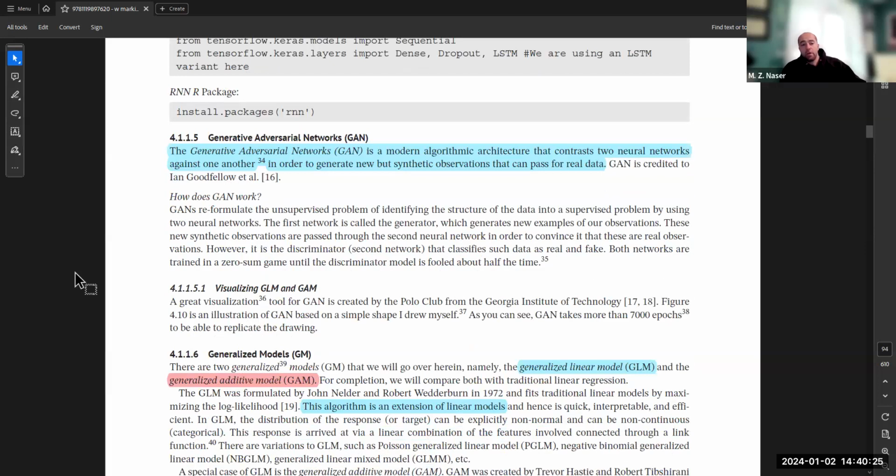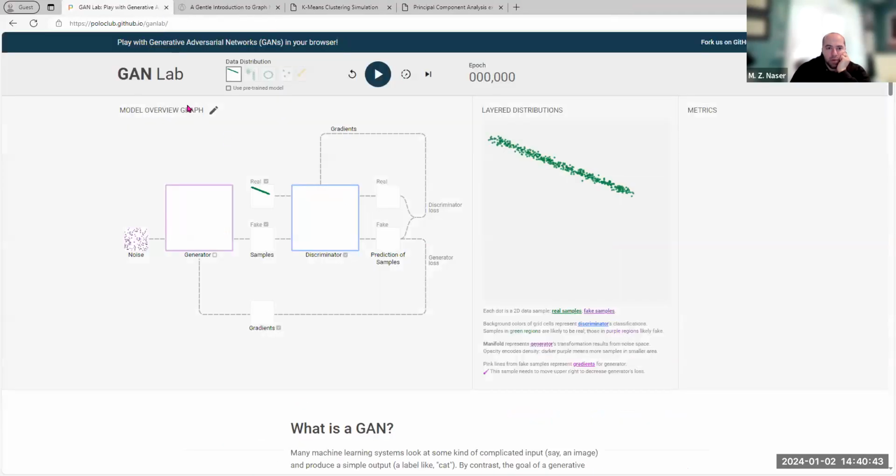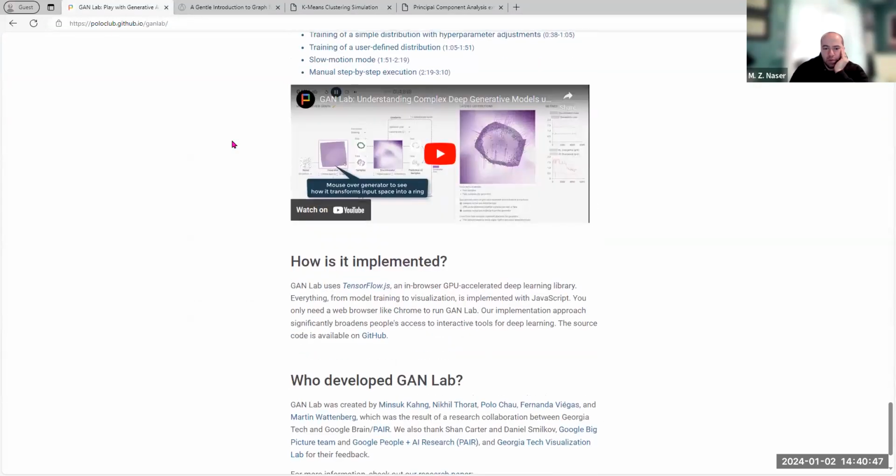Okay, GANs. GANs are generative adversarial networks. Basically, you have two neural networks: one is trained, and the other one tries to mimic it, and they contrast and compare. A very good visualization is one we do have, from Georgia Tech, I believe.